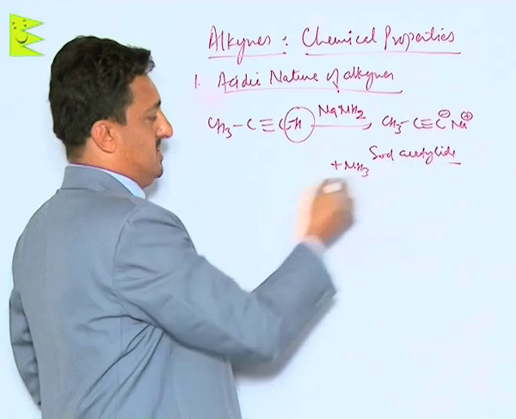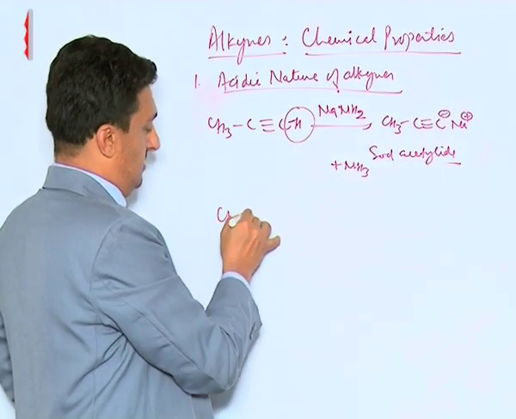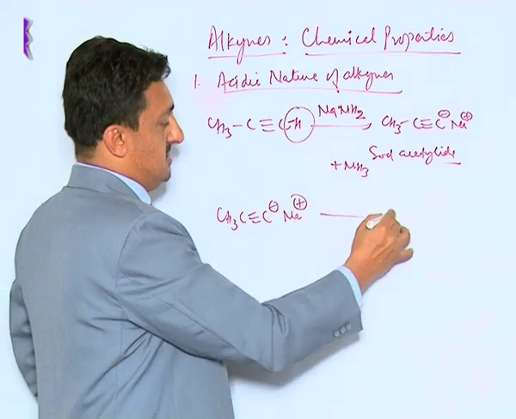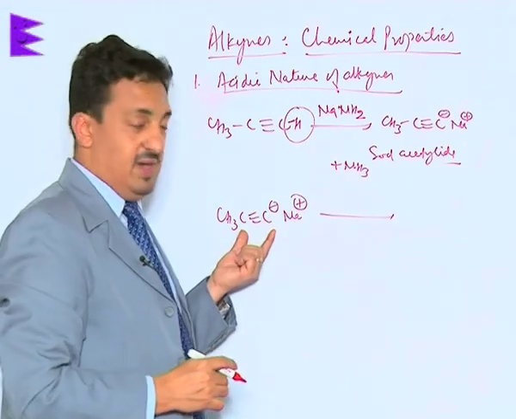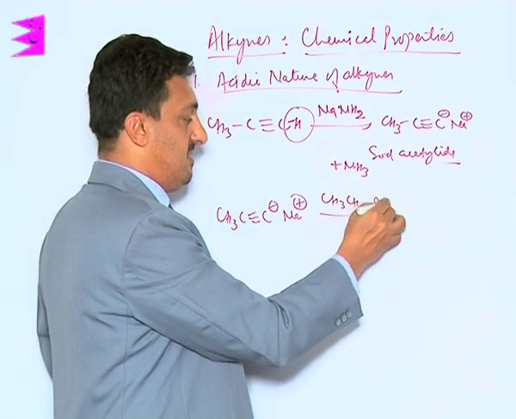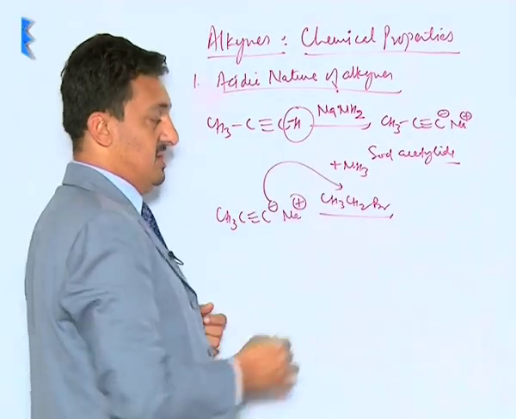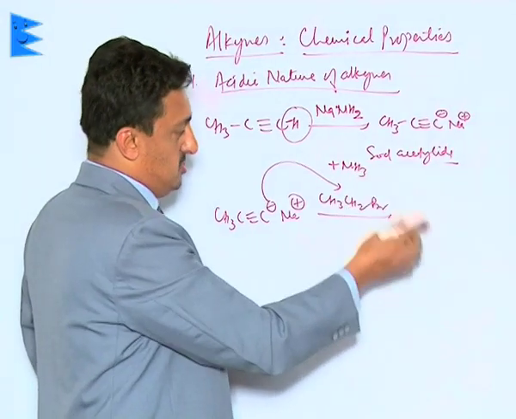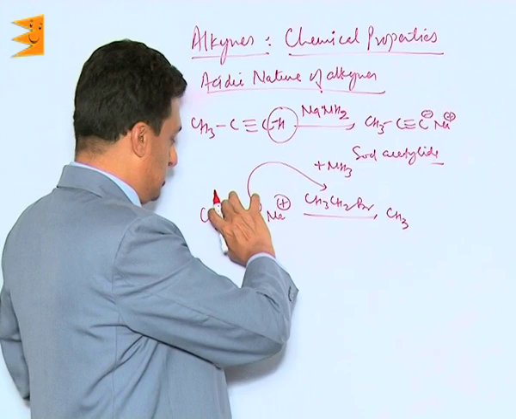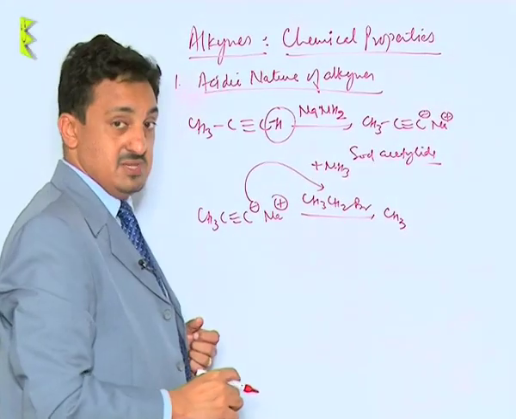Now on this sodium acetylide formed, this becomes your nucleophile. You can react this with any of the alkyl halides, on which it attacks as a nucleophile, substitutes bromine out, and what ultimately we get is this whole group gets bonded to this chain.